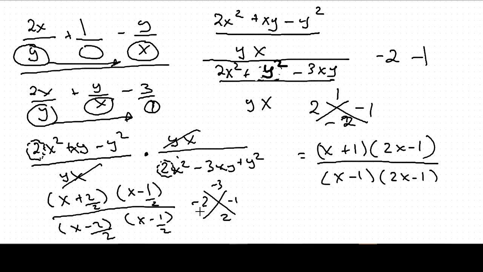Because this 2 slides up in front of the x. That's how I got that. So guess what's the same? The 2x minus 1. So that's my answer. It would just be x plus 1 over x minus 1. And that's the answer.